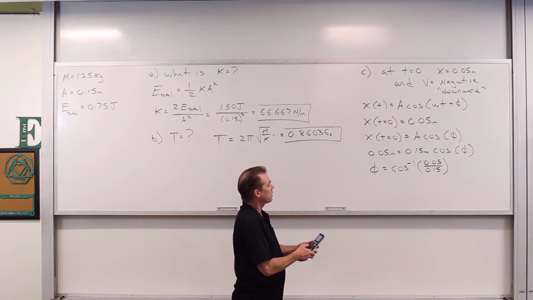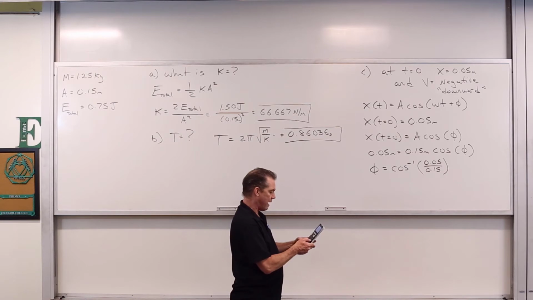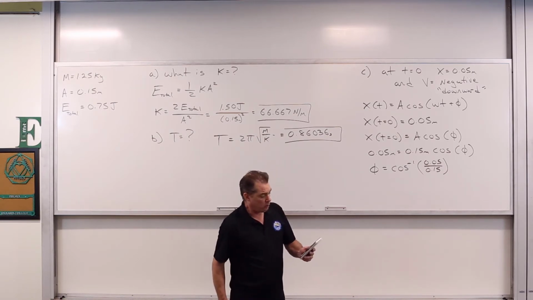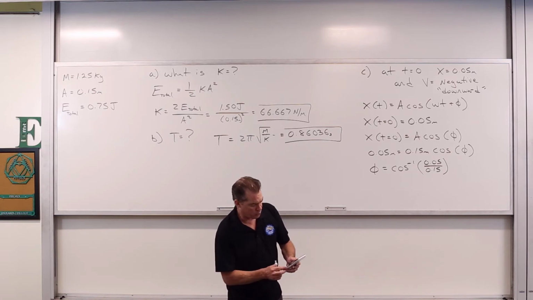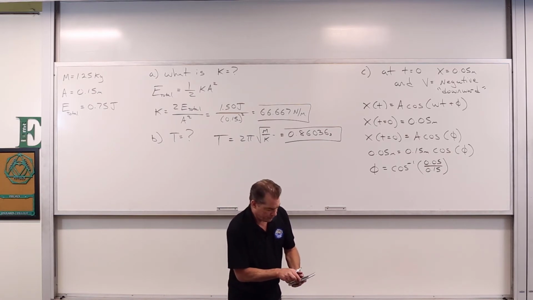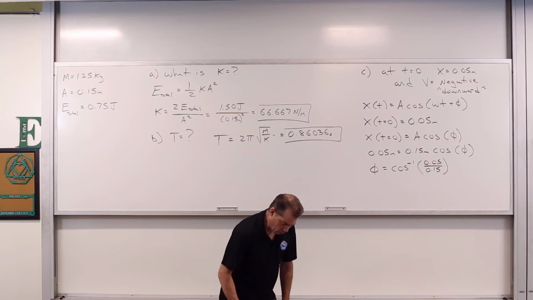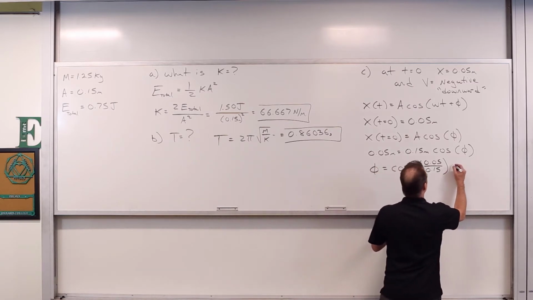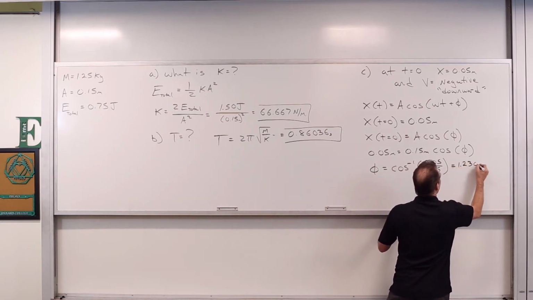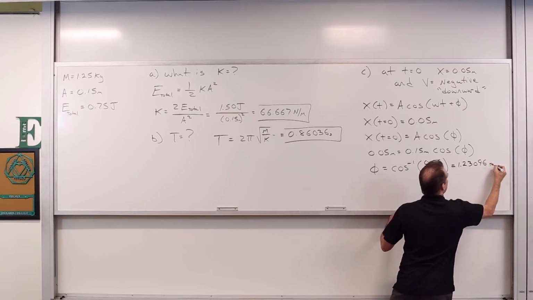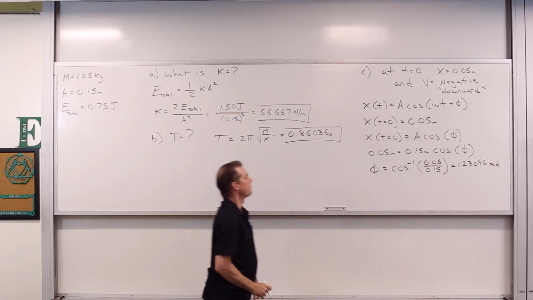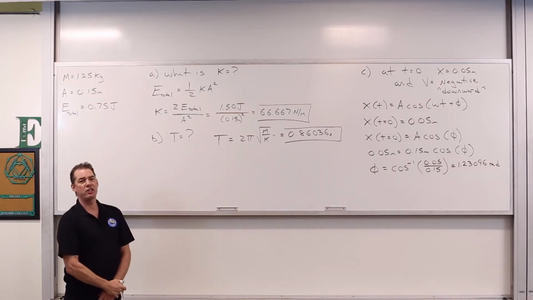And the arc cosine of 0.05 divided by 0.15 is 1.23096 radians.